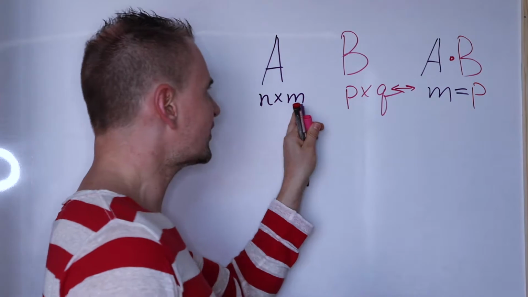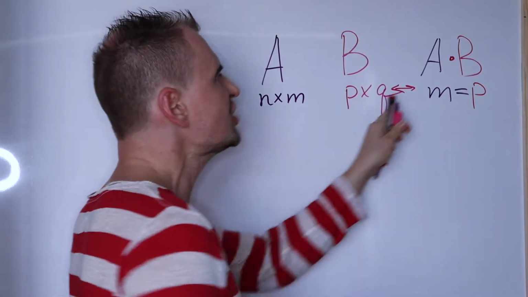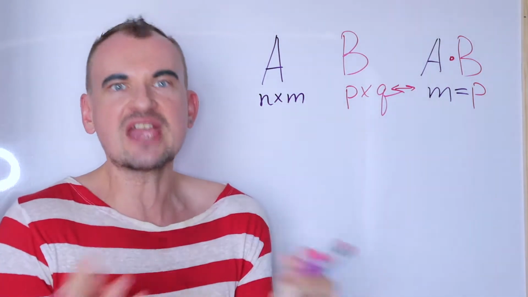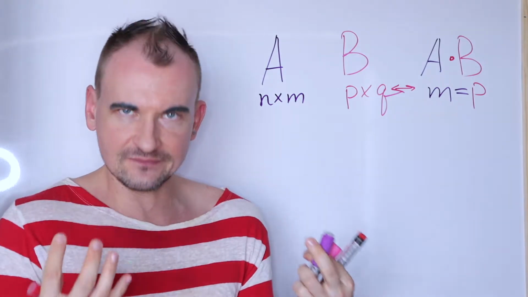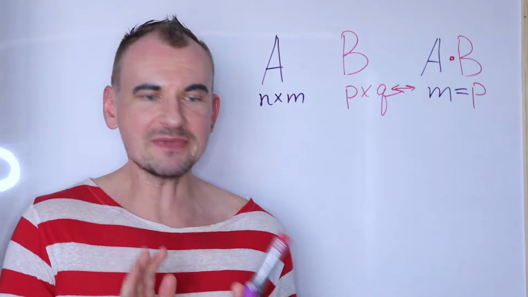So if this m and p, these inner numbers, equal each other, if they coincide, if they match, then the product exists. I will show you what I mean by that.